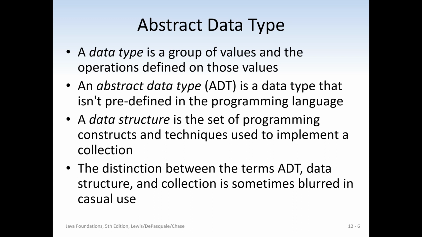Again, the problem here is that the words ADT, data structure, and collection are blurred in casual use. In fact, collection is really a Java term, and in a lot of programming languages we don't call them collections. We just call them data structures or data types, or in C++ you'd call them STL classes. There would be different things that we would call these. A collection is kind of a Java-esque term. Other languages like C# call them collections, I think.